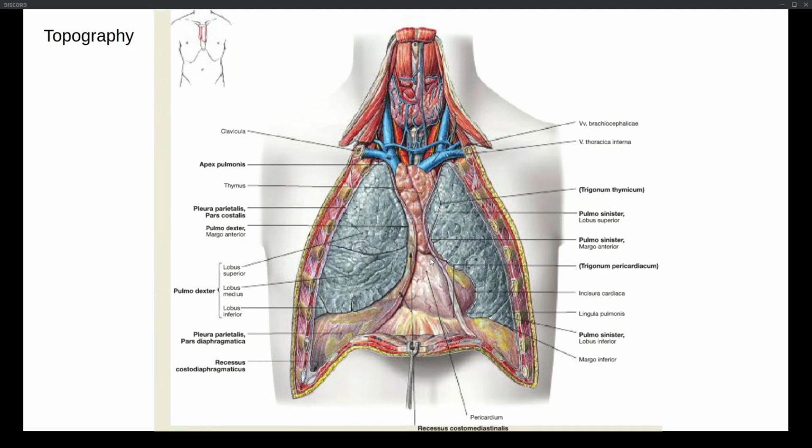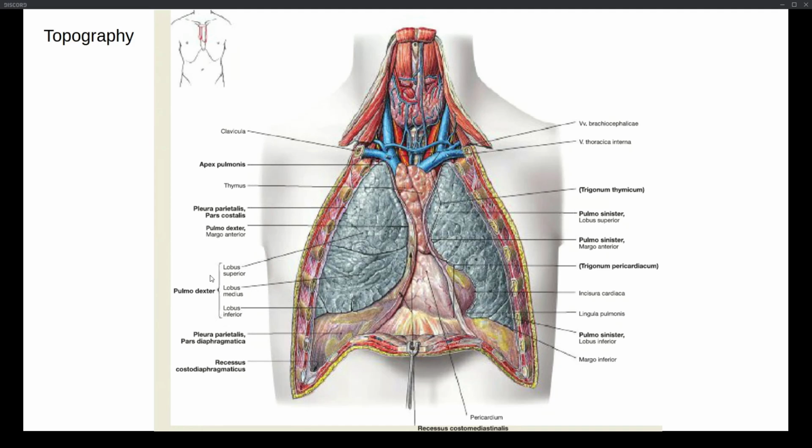And here you can see that the heart is located in the very middle, right beneath your sternum, the breastbone, and then only peeks with its apex to the left side and actually pushes away the left lung a little bit, leaving the dent over here, which is called the incisura cardiaca.